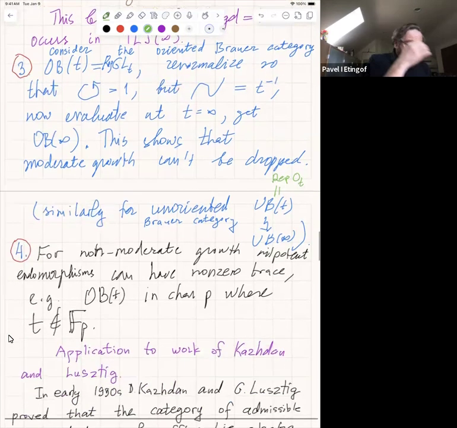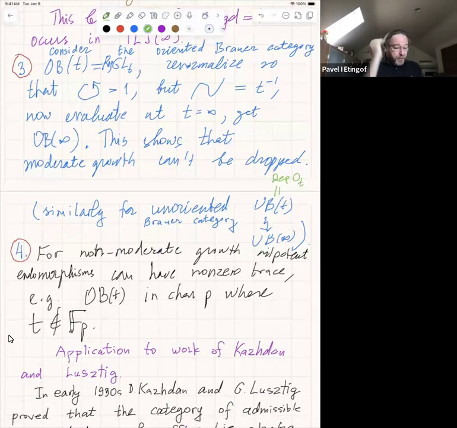Also, I should mention that if your category is not of moderate growth, then nilpotent endomorphisms can have non-zero trace, even for symmetric categories. For example, we can consider this oriented Brauer category OB(t) in characteristic p, where t does not belong to F_p.